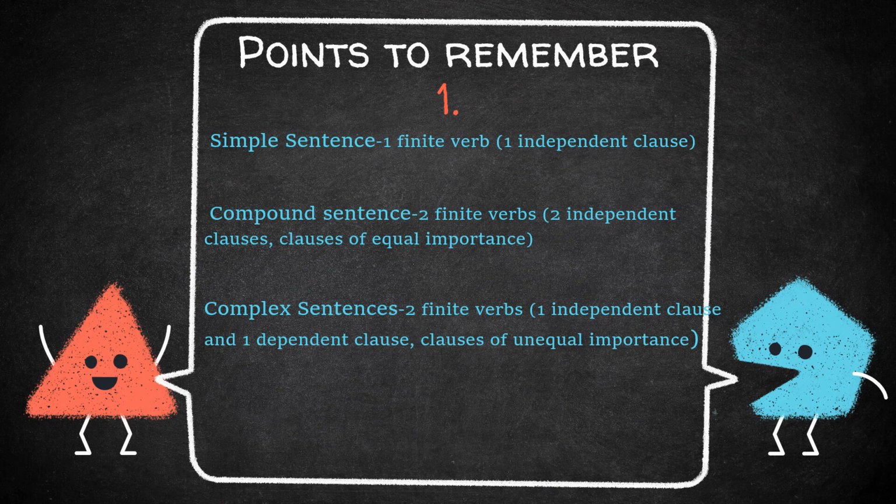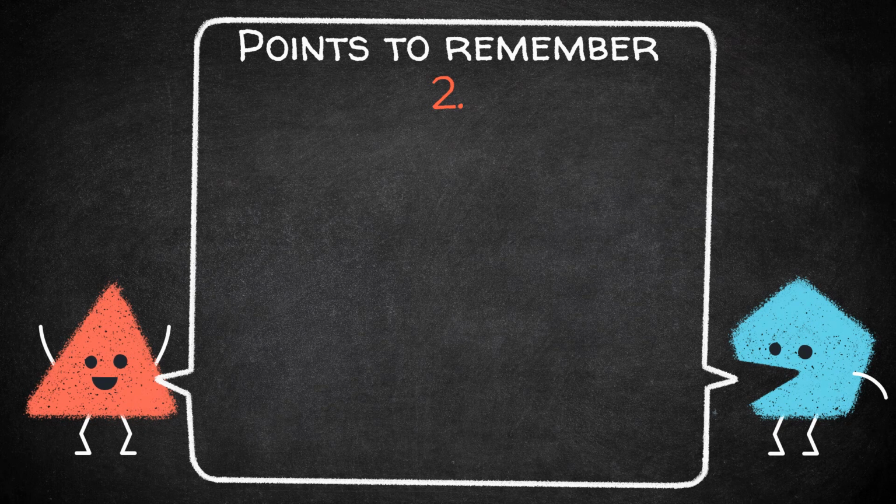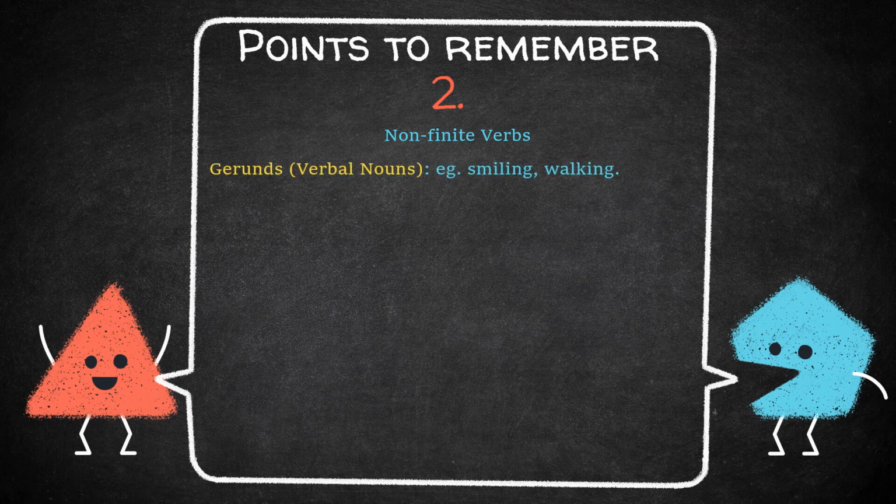Let us look at the second point. Let us look at the second rule. This rule is based on non-finites. Now, as you know, the non-finite verbs are gerunds, participles and infinitives. Let us start with the gerunds. Now, the gerunds are also known as verbal nouns.